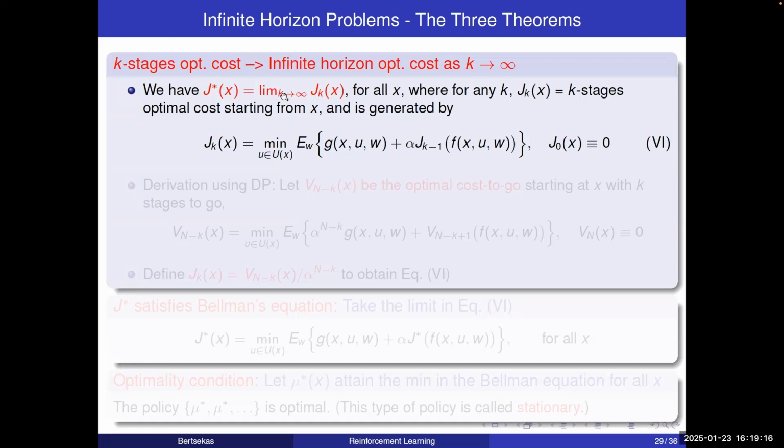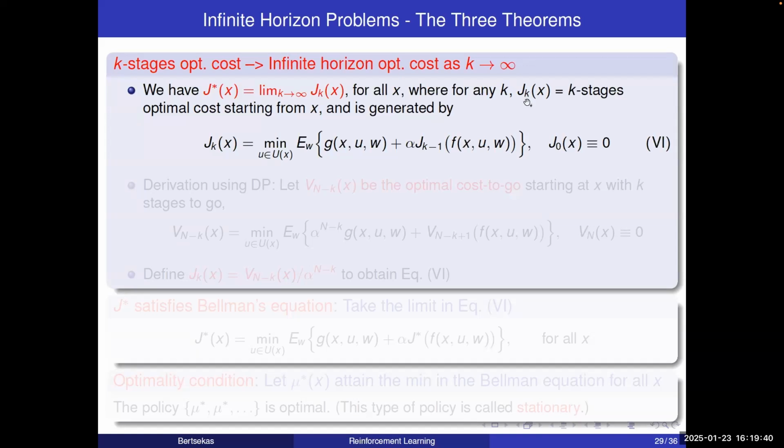Here Jk is the k-stage optimal cost starting from x, with the same system dynamics and the same stage cost. We only consider k stages and solve this finite horizon optimal control problem; the optimal cost-to-go we denote by Jk.